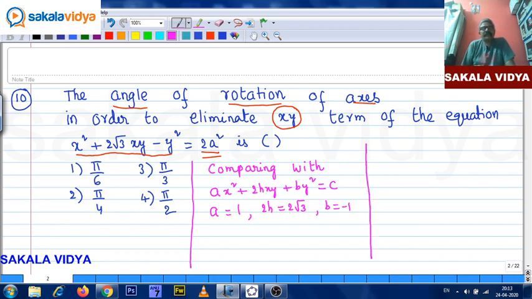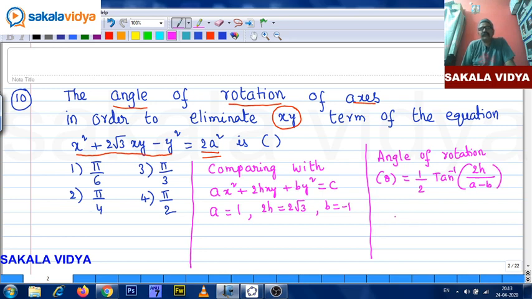Now the angle of rotation, that means the axes are to be rotated through an angle theta, which is equal to half of tan inverse of 2h upon a minus b.